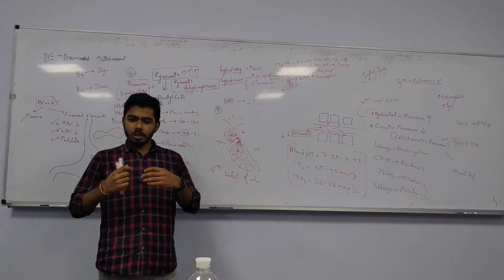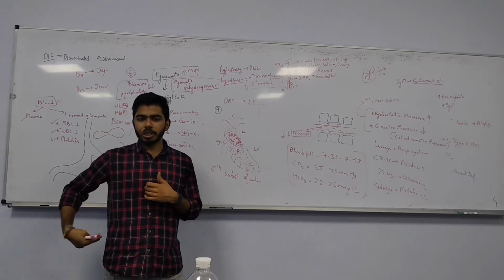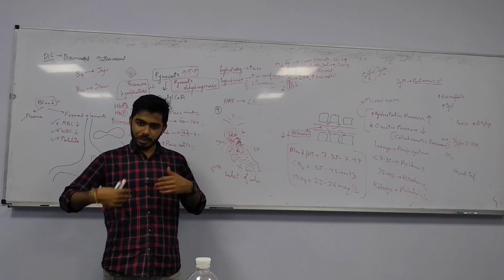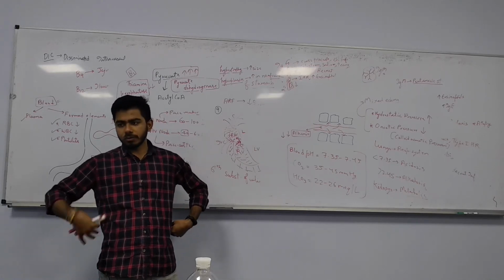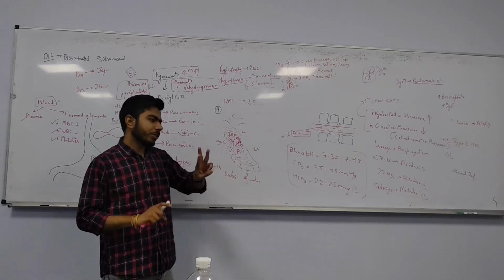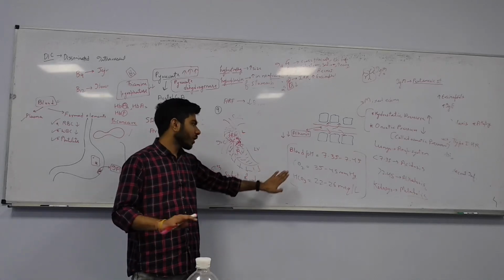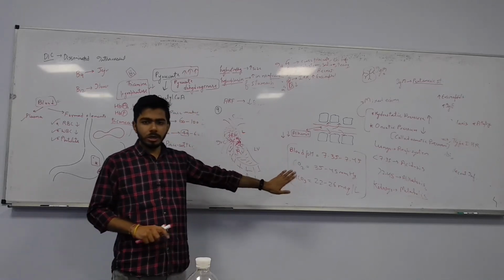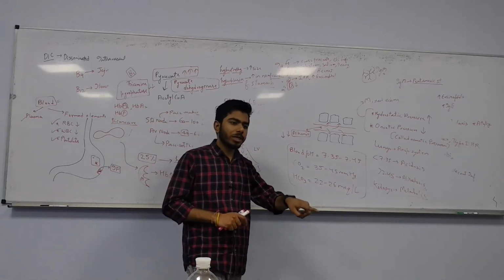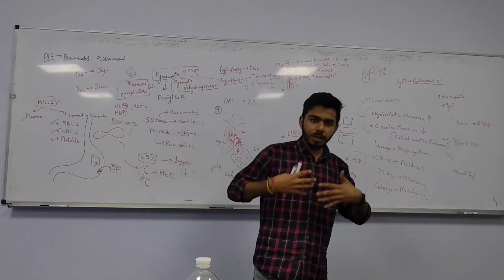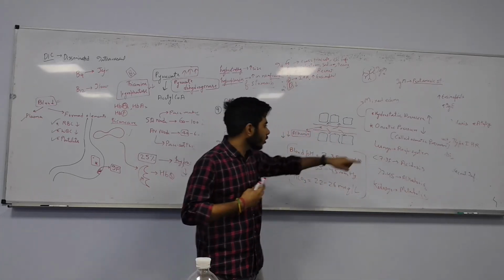Whenever the lungs have a problem, kidneys will compensate for the lungs, and whenever the kidneys have a problem, lungs will compensate for the kidneys. Three entities should be clear in your mind, the normal values of them, that is blood pH, CO2 and HCO3. In this particular question, they are saying about the disorders of airways. If they are talking about disorder of airways, which organ are they talking about?